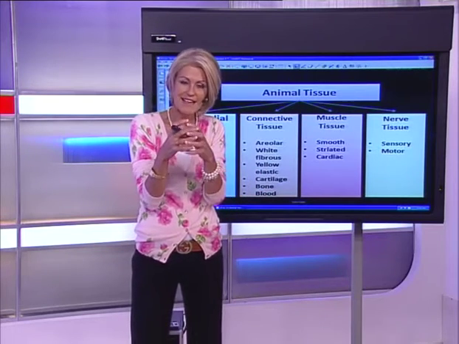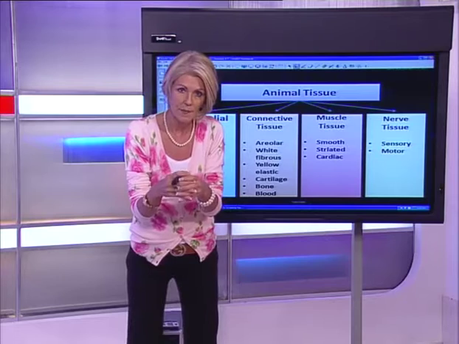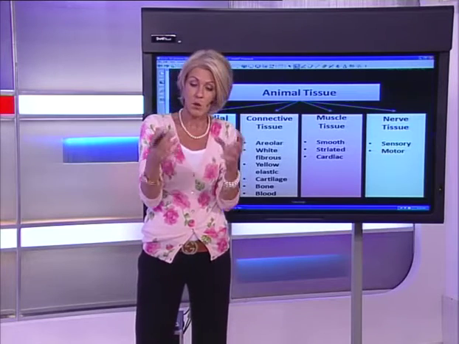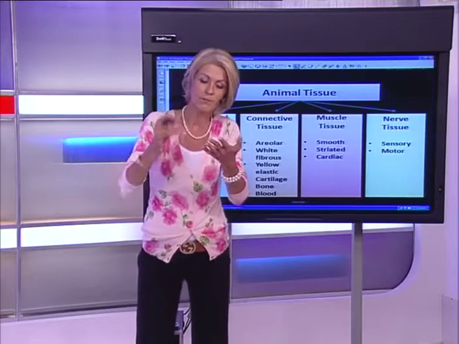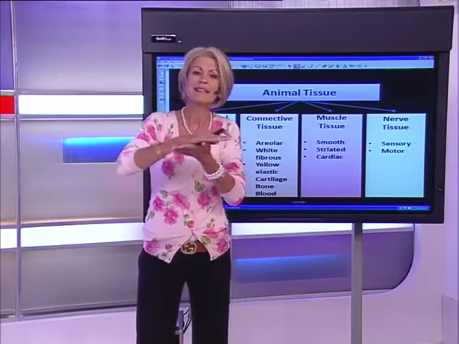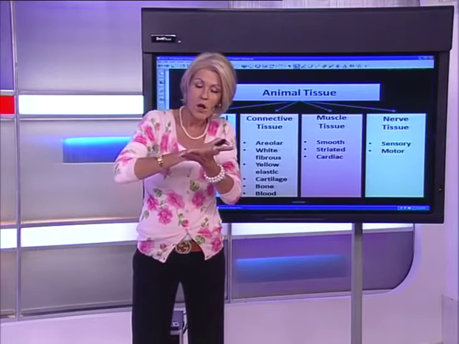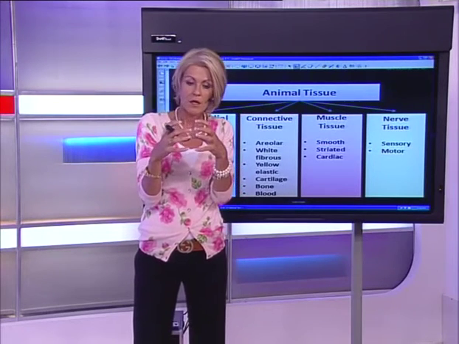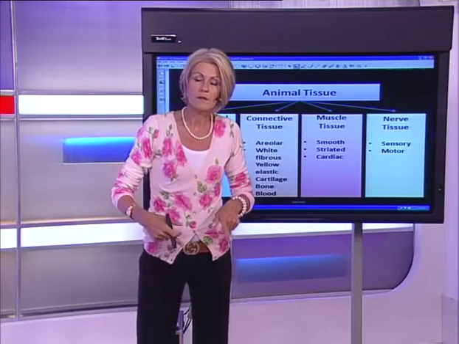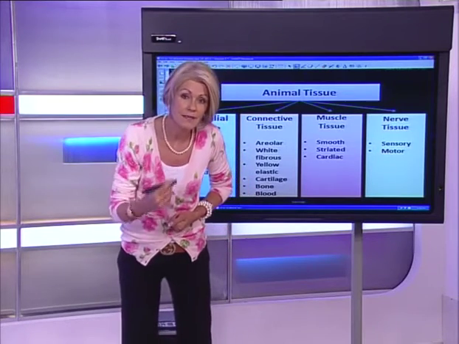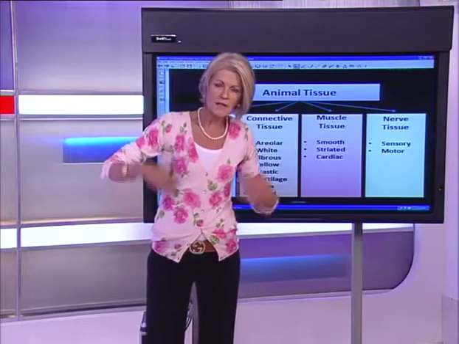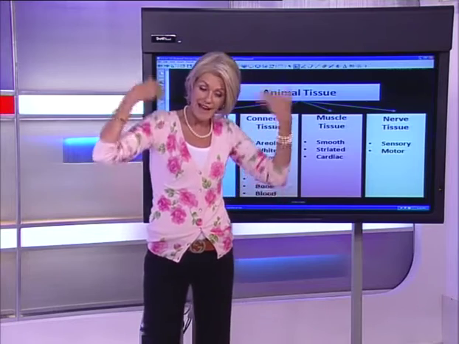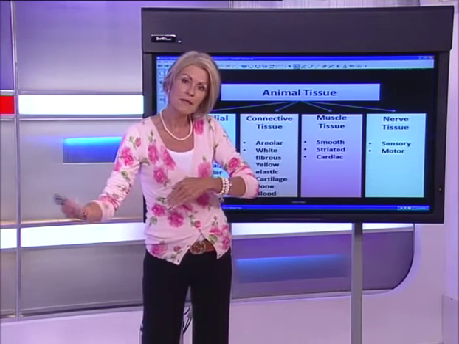All of that is encompassed in a cell membrane, all right? So it's the organelles in the cell. Lots of cells make tissue, and lots of layers of tissue will make an organ. Many organs make up a system, and all our systems in our body will make us the organism.